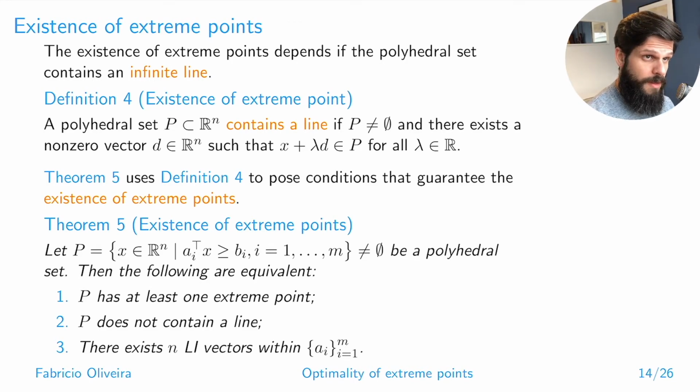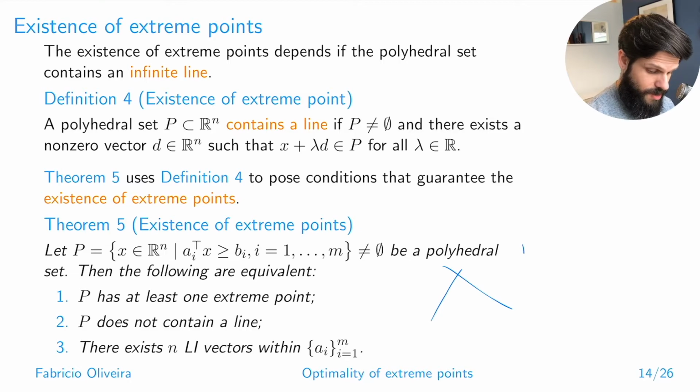We have theorem 14 from lecture 2, which says that if you have a vertex, you have an extreme point, right? How do you form a vertex? You form a vertex when n hyperplanes intersect. If two hyperplanes intersect, there is no way you're going to contain a line in this space anymore.